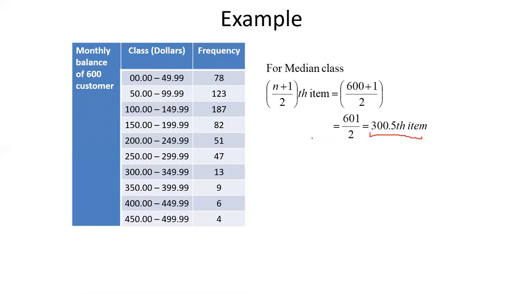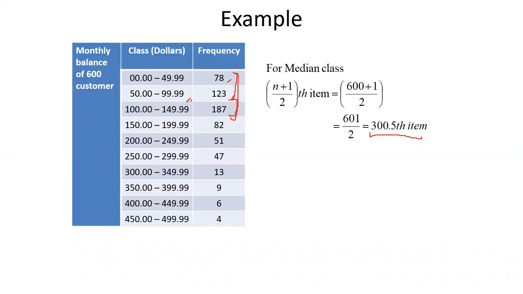Now what do you think? Where should this 300th item be? In the first class, there are 78 items. In the next class, there are the next 123 items. It means I have to add them to get there. If I add 187 more, then I think I will get this 300th item.